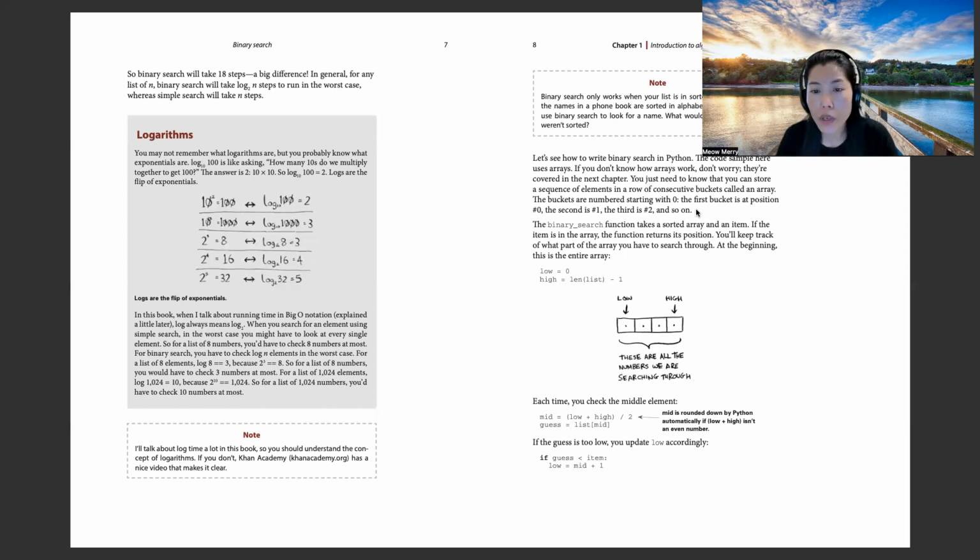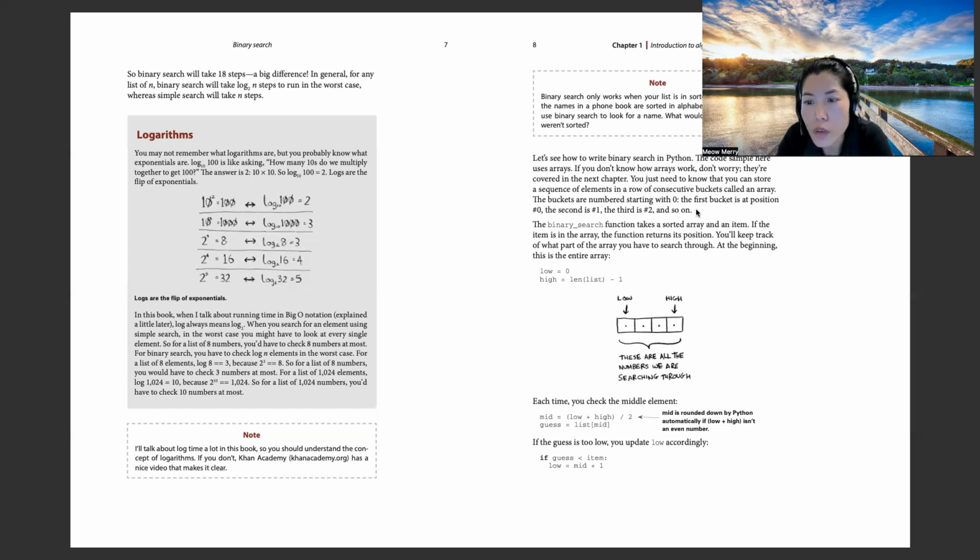Let's see how to write binary search in Python. The code here uses an array. If you don't know how arrays work, don't worry, they are covered in the next chapter.